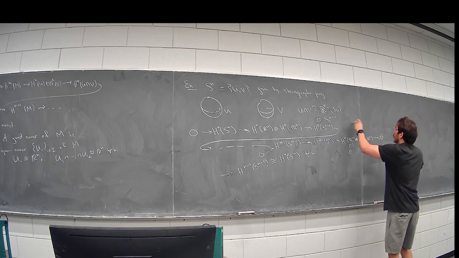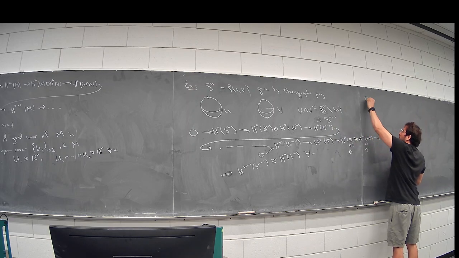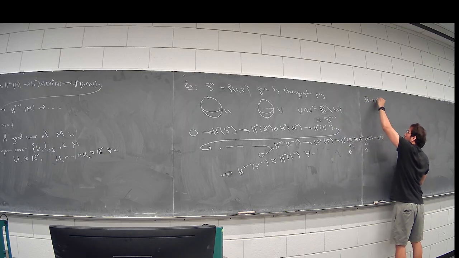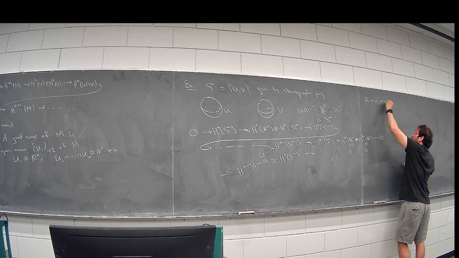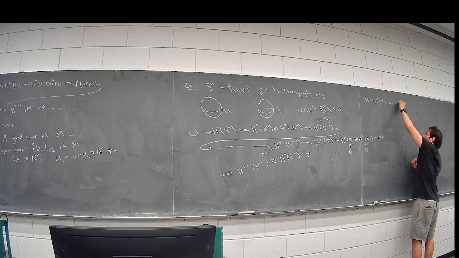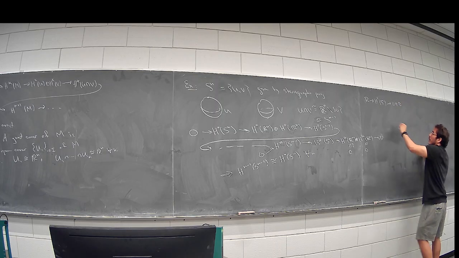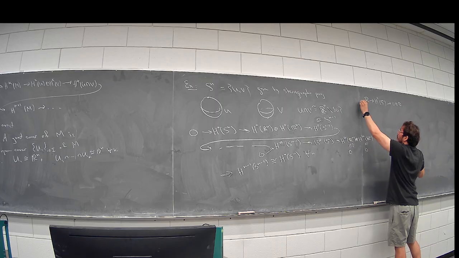So let's look at degree 1, for example. Here I'm going to have R. For degree 1, I'm going to have H1 of Sn, H1 of R. So it's going to be 0, plus 0, S plus 0.